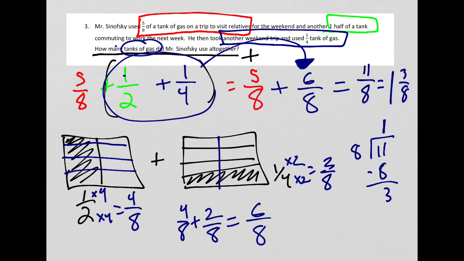If you decided to do it where you did 5/8 plus 1/2 plus 1/4, and you wanted to find one common denominator first, you might have it be a little different.